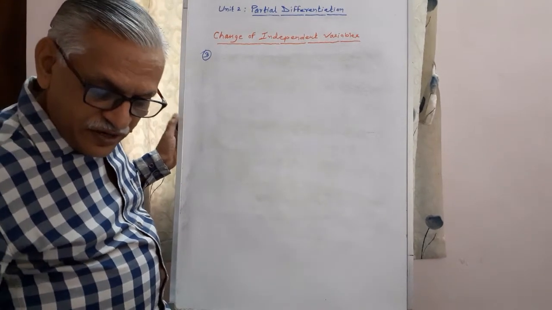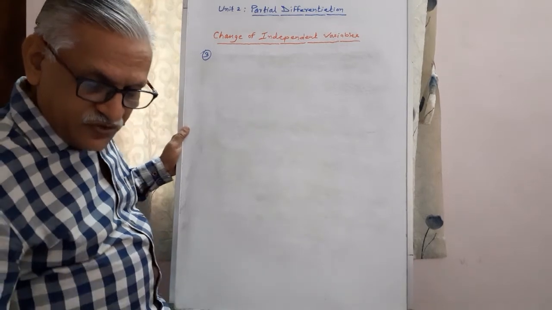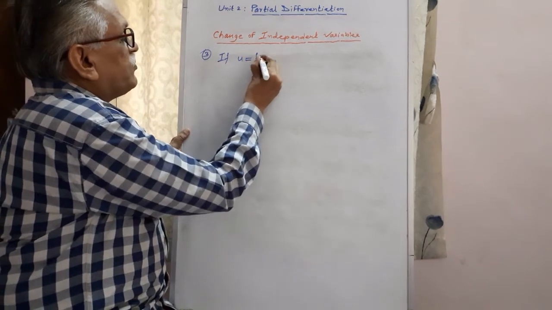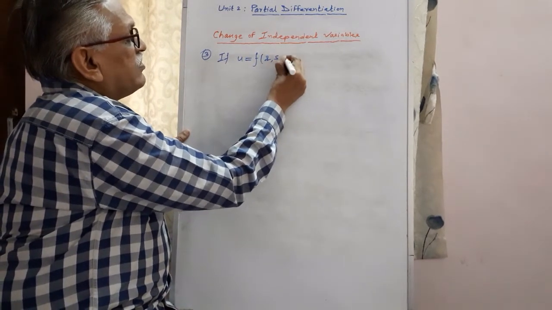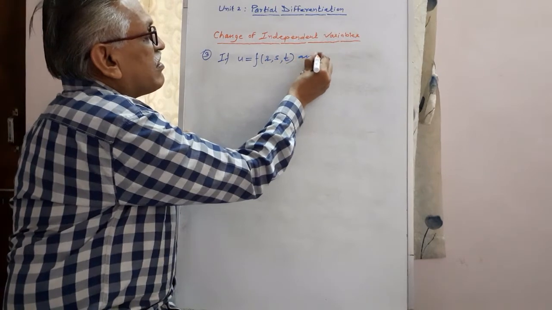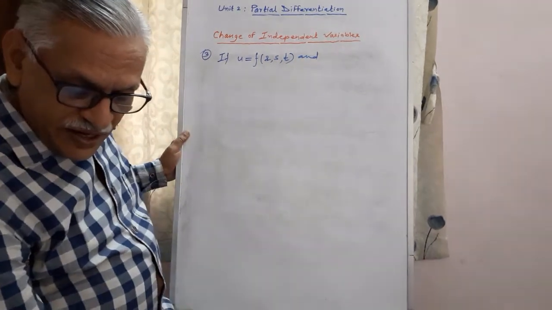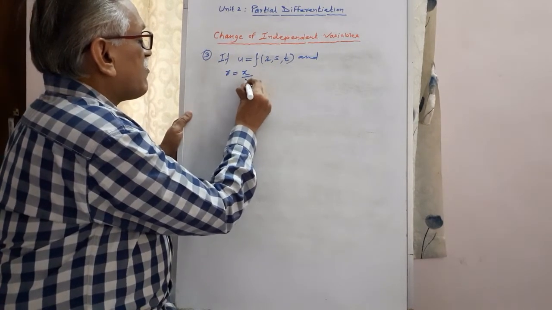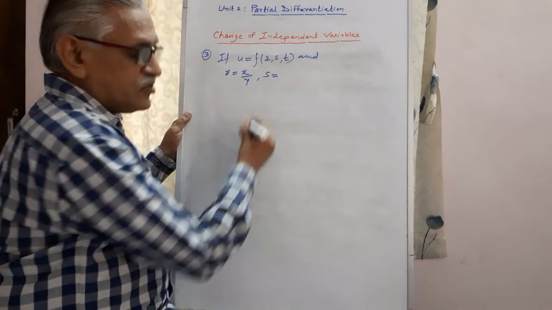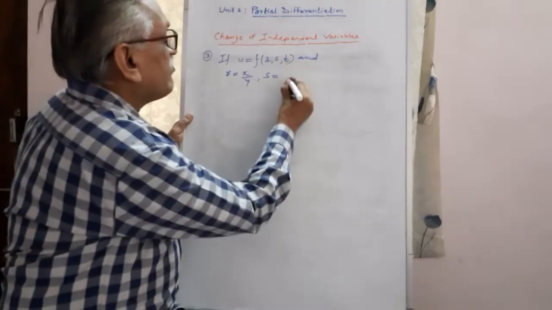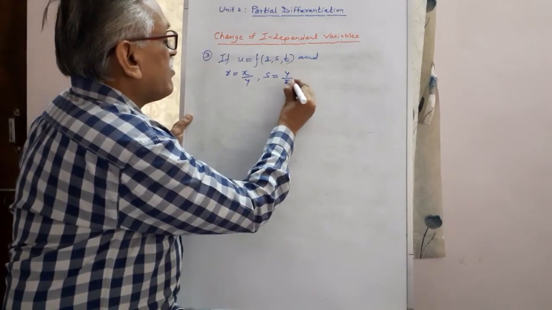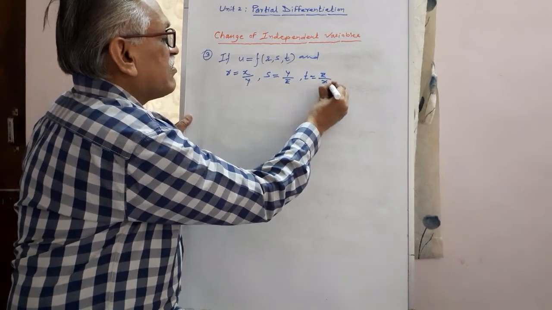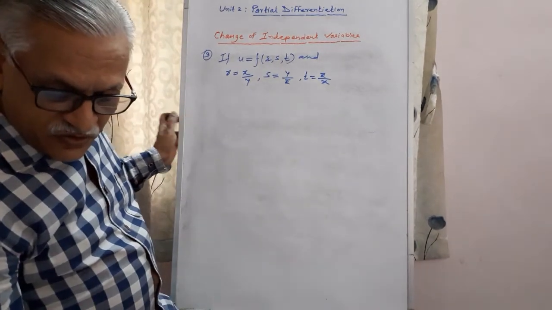One more. If u is equal to a function of r, s, t and r is equal to x by y, s is equal to y by z, and t is equal to z by x.